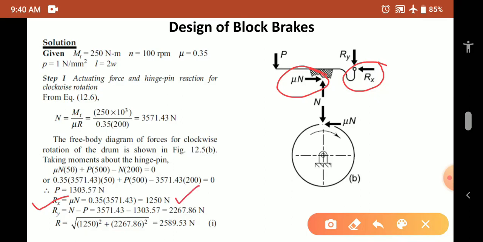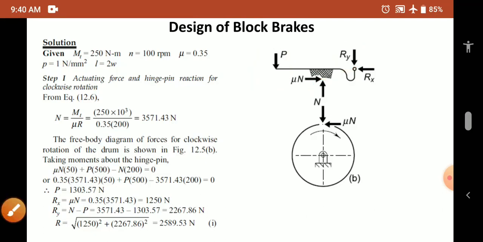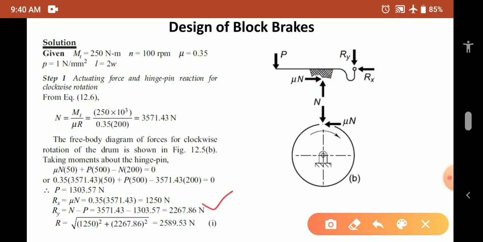Similarly, the reaction force Ry is equal to N minus P, that is 3571.43 minus 1303.57, so we get Ry is equal to 2267.86 Newton.